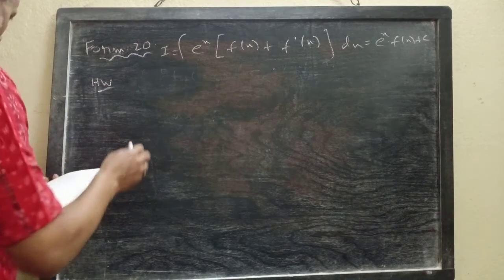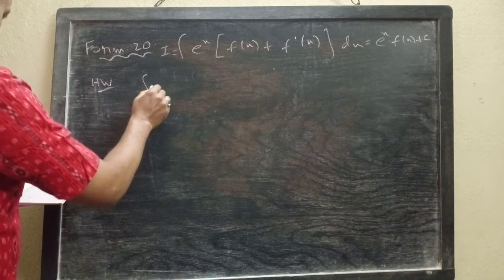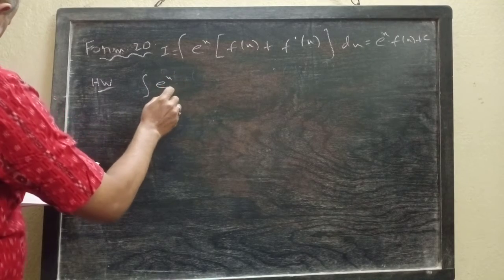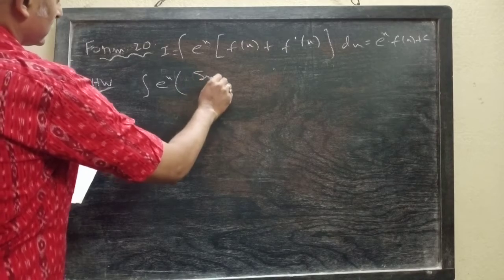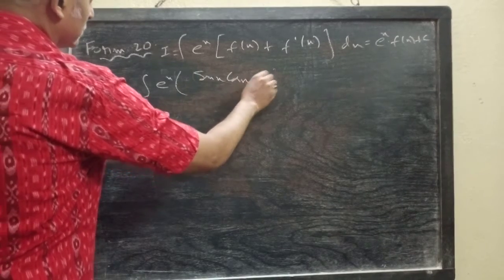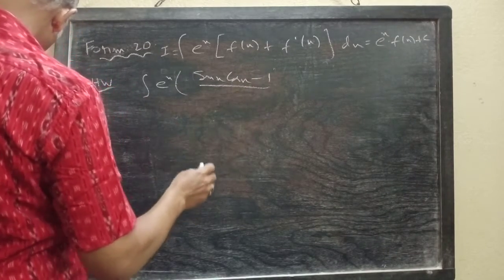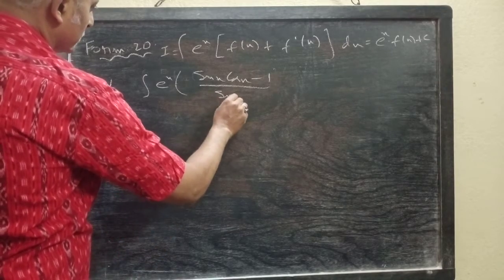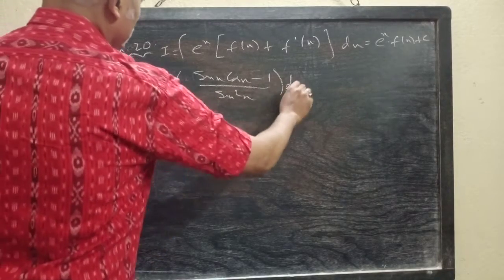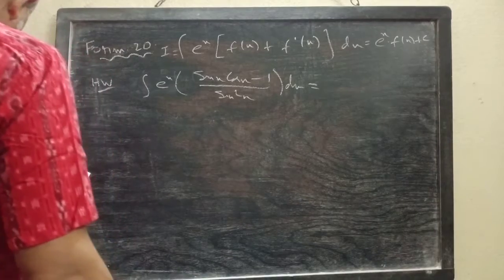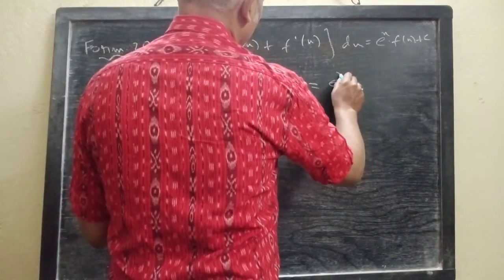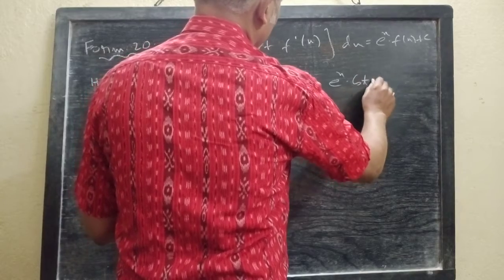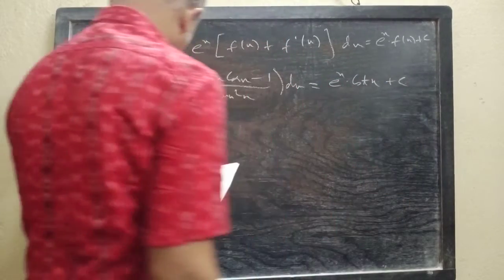Homework: integration e to the power x into (sin x cos x minus 1) divided by sin square x dx. Your answer is e to the power x into cot x plus c.